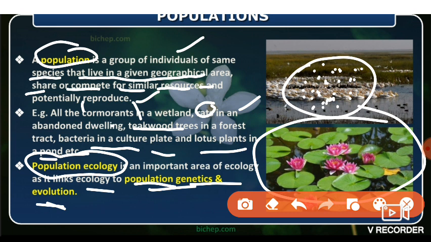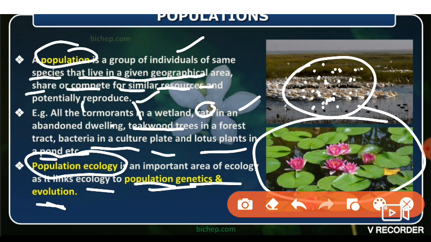What contributions we have to give and what we have to take from the ecology or from the environment. That is mainly population ecology. It is giving the link between ecology and population genetics and evolution. Because we are giving something and we are getting something from the ecology, that completely we study in population ecology.